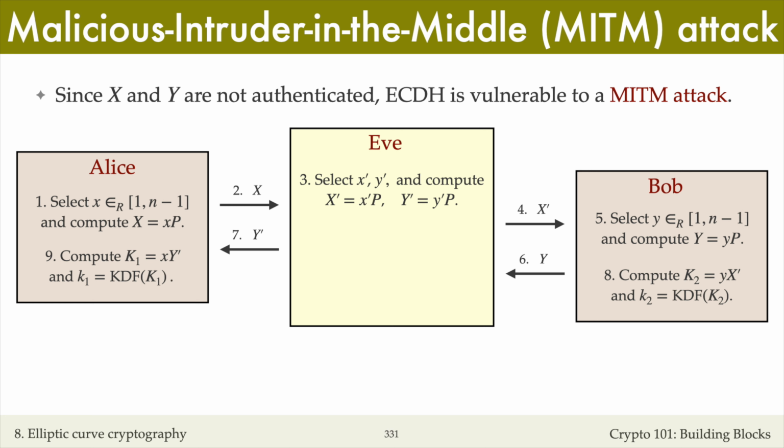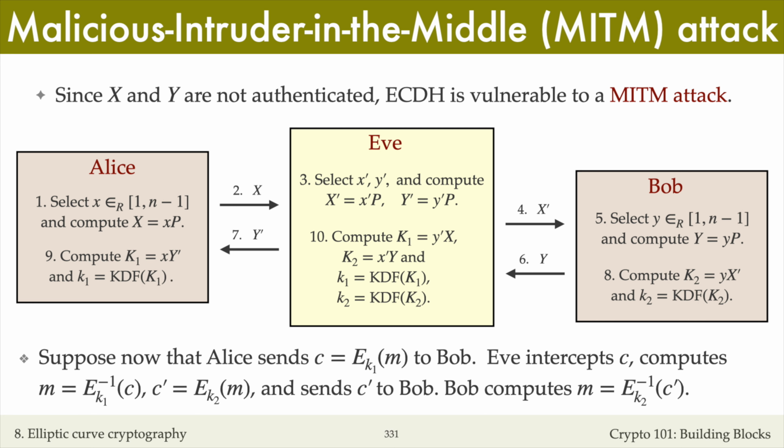Alice thinks that k1 is a secret key that is shared with Bob, whereas Bob thinks that k2 is a secret key shared with Alice. However, Alice does not know k2, and Bob doesn't know k1. Moreover, the adversary can compute both k1 and k2.